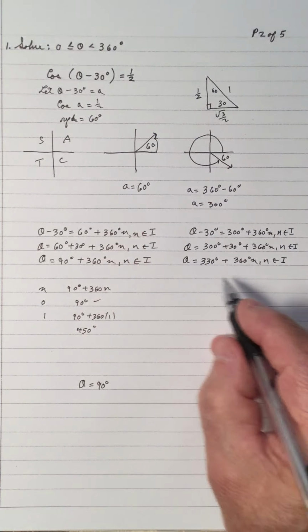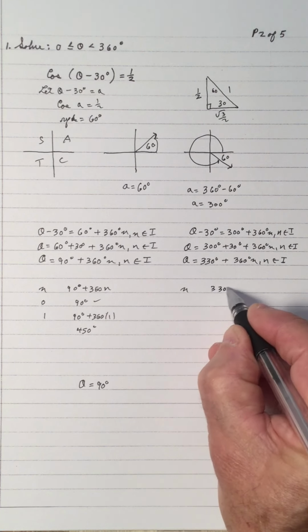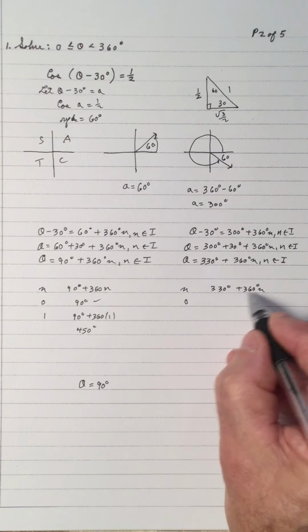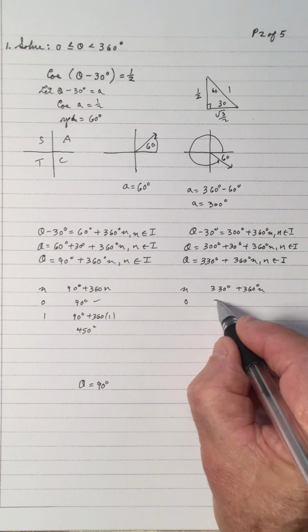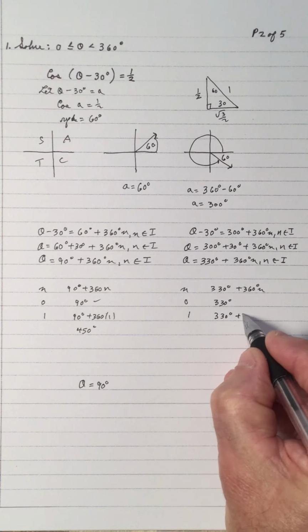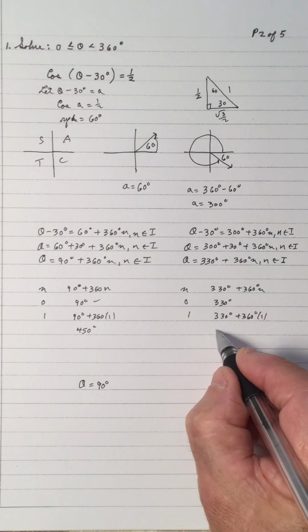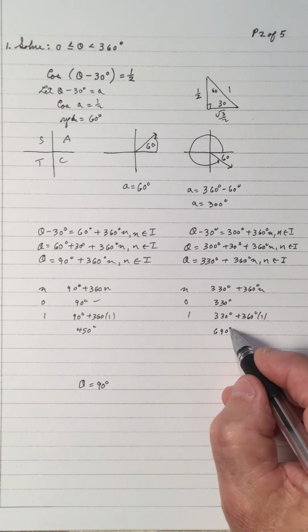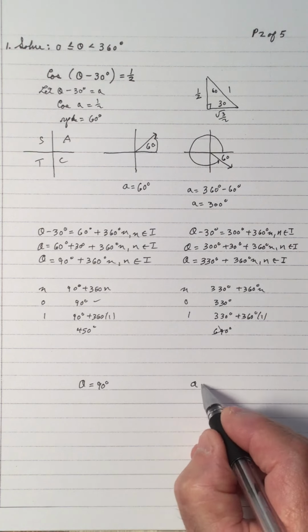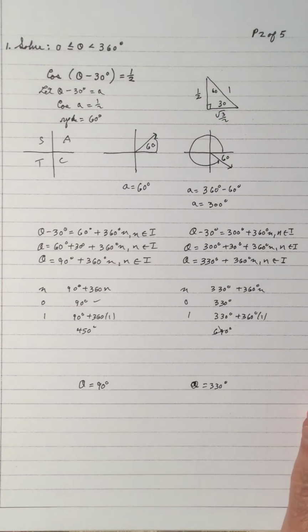Now look at 330 plus 360 n. With n as 0, we get 330. If we put 1 in, we get 330 plus 360, which is 690, too large, so that's no good. So theta is 330. The two answers are 90 and 330.